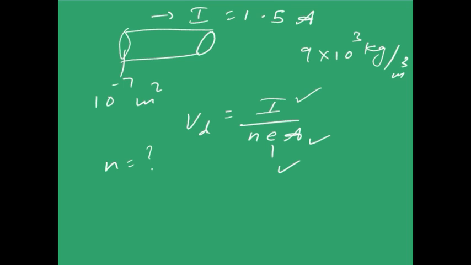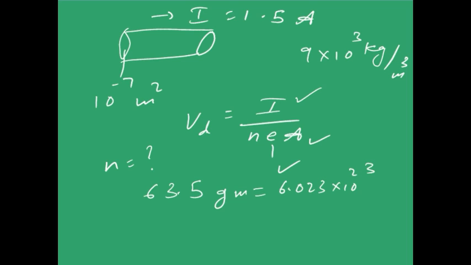N is the number of electrons per unit volume. Given, they gave that the density of copper is 9 into 10 cube kg per meter cube. Now, I know that the atomic mass of copper is 63.5 AMU. It means that 1 mole of copper is 63.5 grams. 1 mole of copper contains 6.023 into 10 power 23, that is the Avogadro number of atoms.